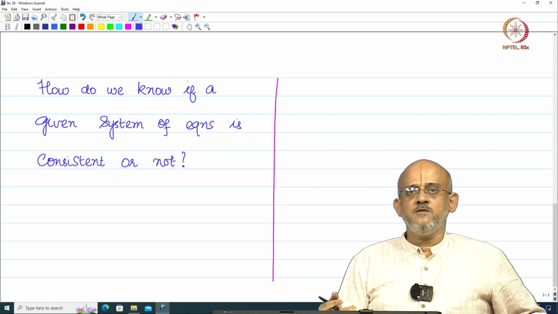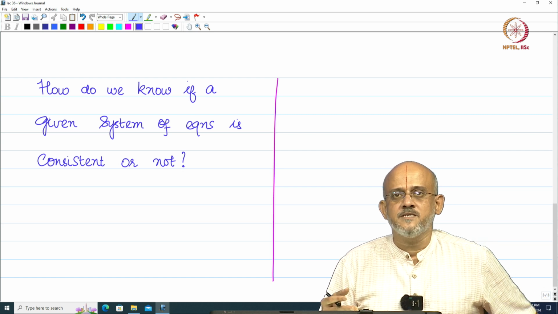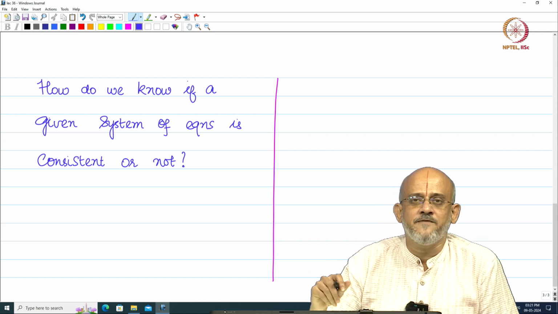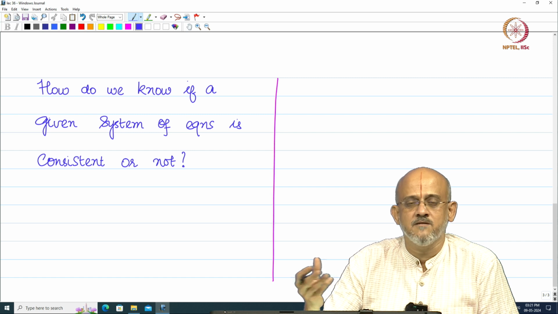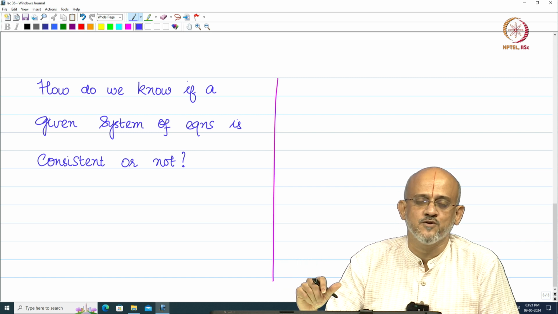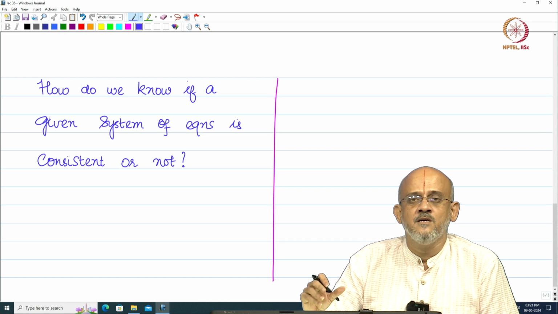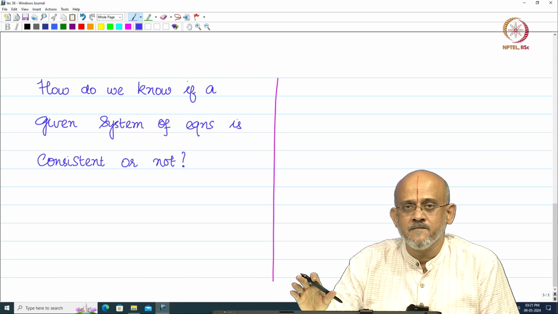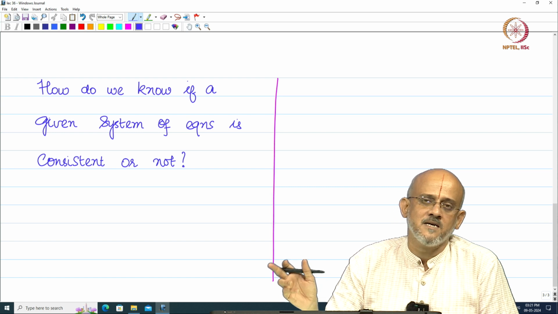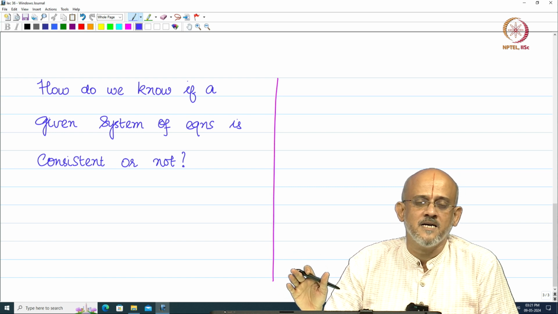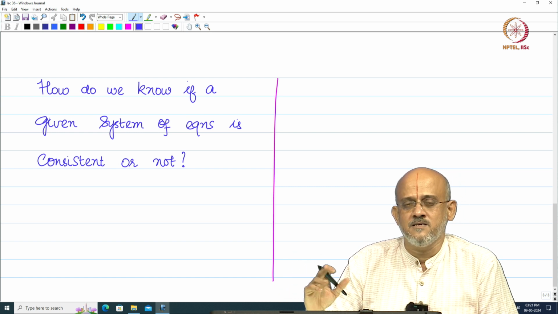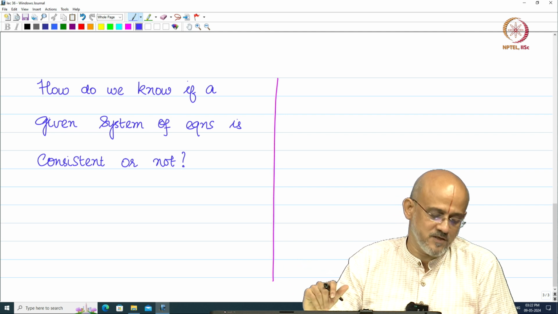If we know that the system is consistent, then we can go ahead finding the solutions. If the system is inconsistent, we know that we have to find the least squared solutions and so on. So how do we know whether a system is consistent or not? Or suppose I give you a matrix A and I want Ax equal to b, what should be the conditions that b has to satisfy for the system Ax equal to b to have a solution? So let us look at that.